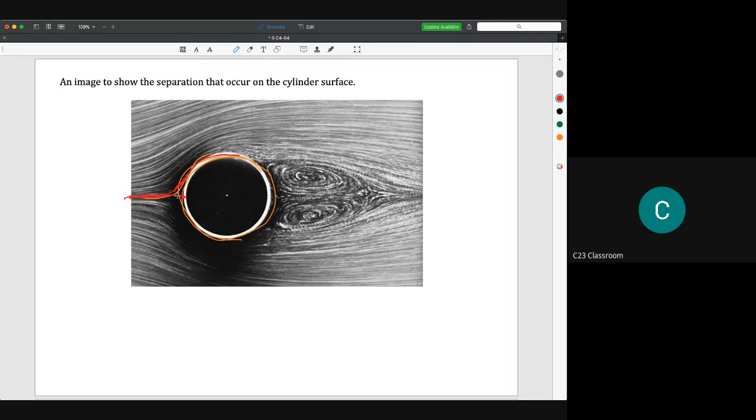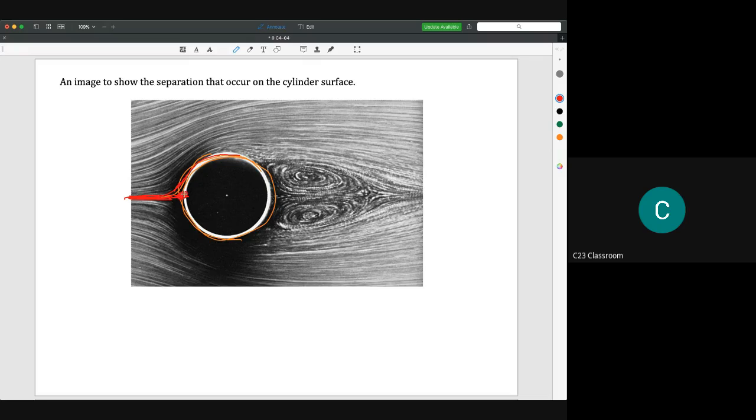We have the stagnation here because the flow hits the surface and stops for a while. That's why at the stagnation point the velocity is zero. Please remember about the ideal flow.